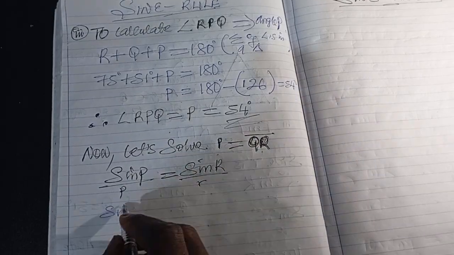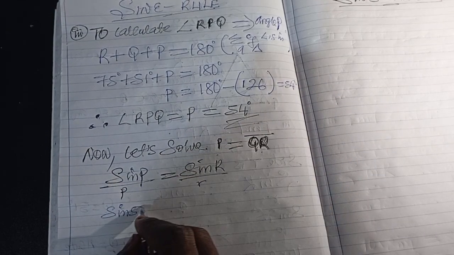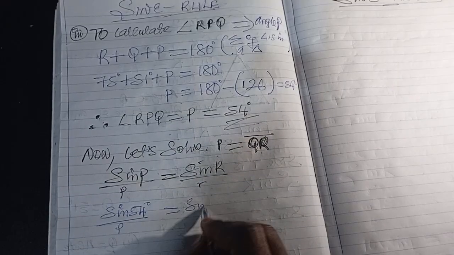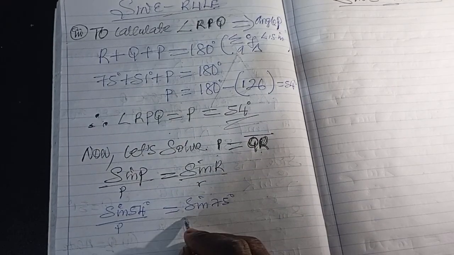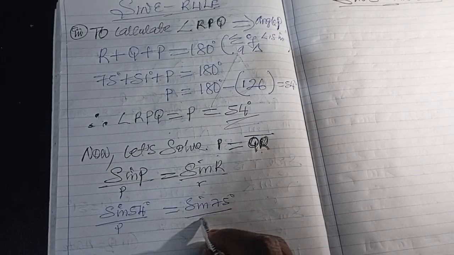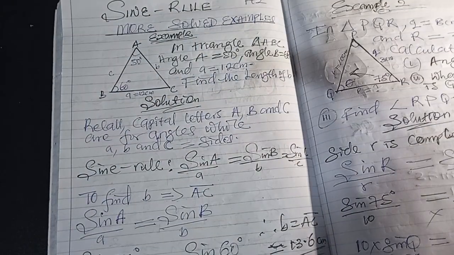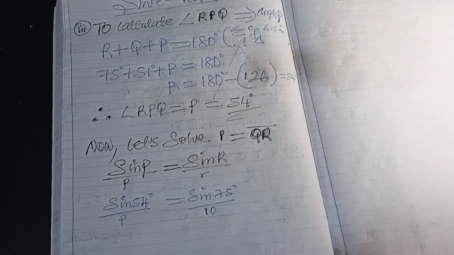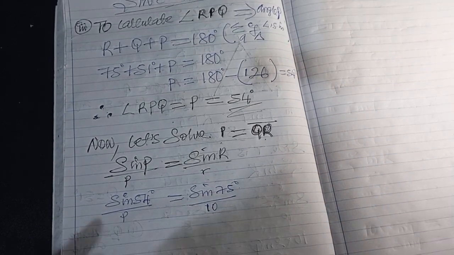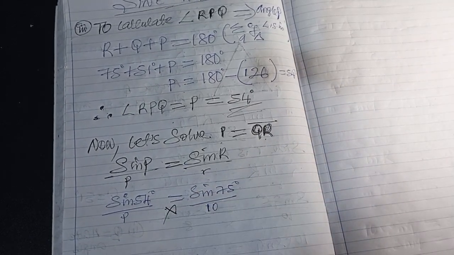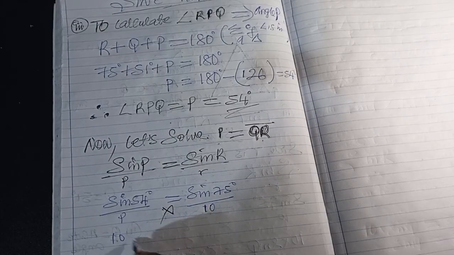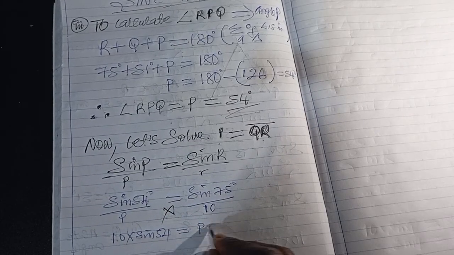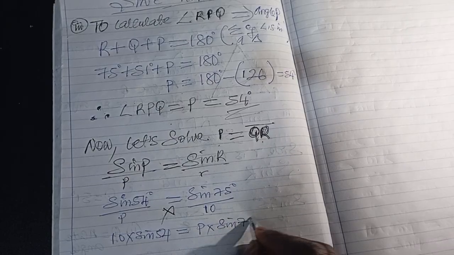letter r. P is 54 degrees, so we can have sine 54 degrees divided by p is equals to sine 75 degrees divided by our r is 10 cm. Where is r? Divided by 10 cm. So we can cross multiply. We can cross multiply and then have 10 multiplied by sine 54 is equals to p multiplied by sine 75.